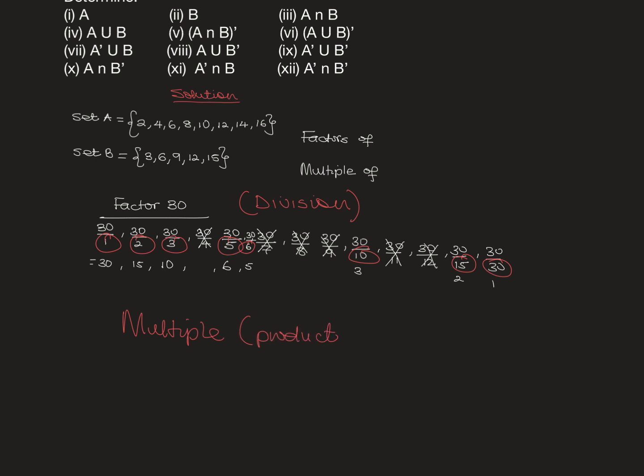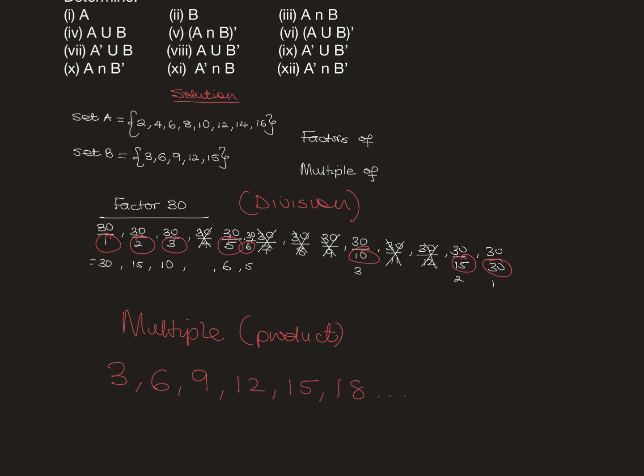Multiplication. For example, multiples of 3 will be 3, 6, 9, 12, 15, 18, and so on. Why?